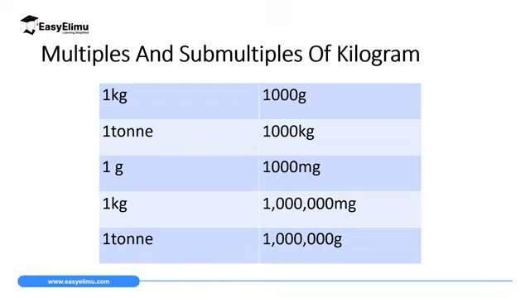So 1 kg is equal to 1000 grams, 1 ton is equal to 1000 kg, 1 gram is equal to 1000 milligrams, 1 kg is equal to 1 million milligrams, and 1 ton is equal to 1 million grams.